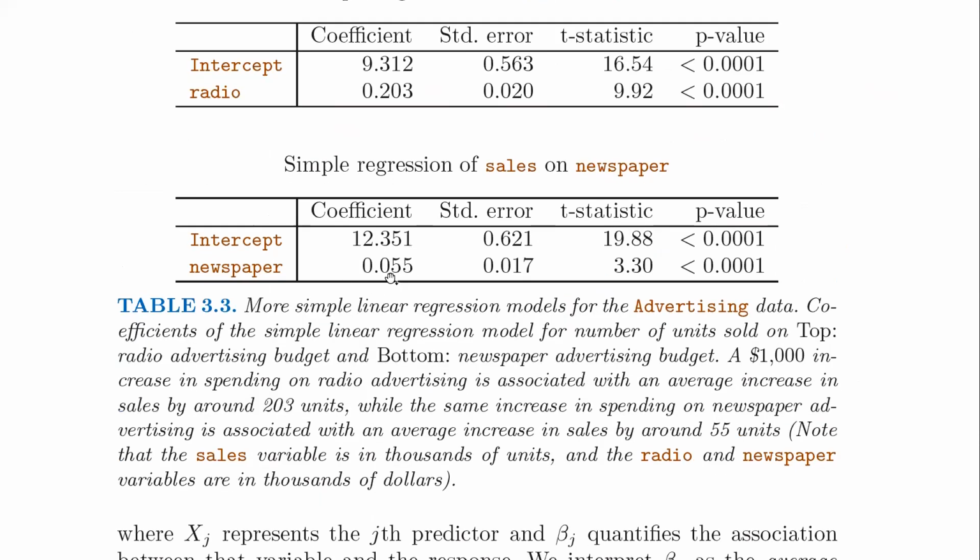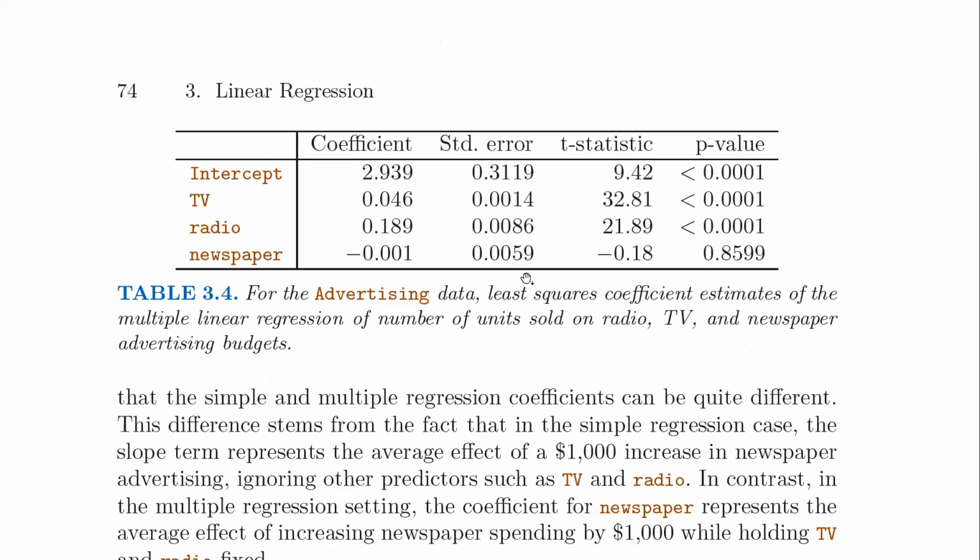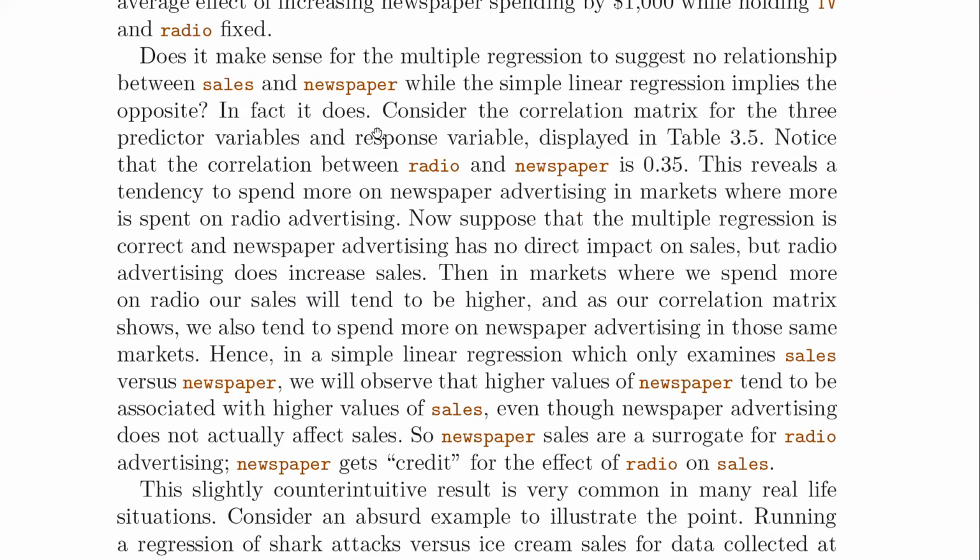It was lower than radio, but it was still suggesting that there was a relationship. The t statistic is greater than 2. And the book is answering in the affirmative. In fact, it does. Let's have a look.